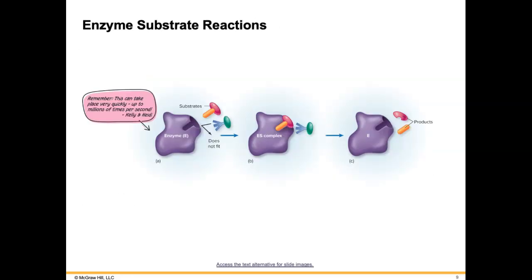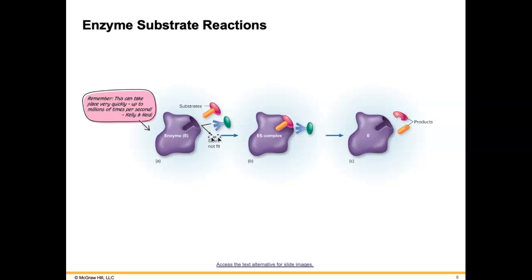So this is an illustration of that. Here we have our enzyme. It's not showing any kind of cofactor here, but just for illustrative purposes, you have two substrates. This one kind of looks like a thumbtack, and this one kind of has a fork on the end. This enzyme is very specific to the thumbtack shape.